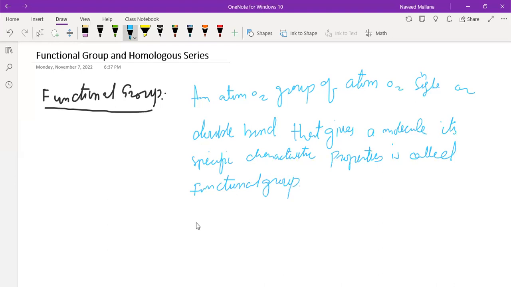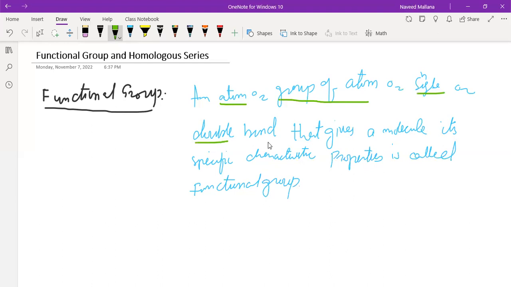There are some examples of the functional group as we have defined it as an atom, group of atom, or single or double bond.